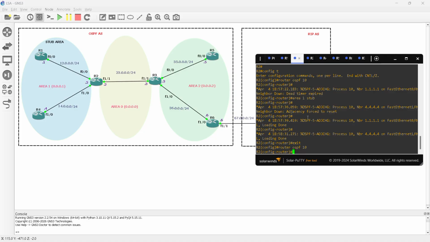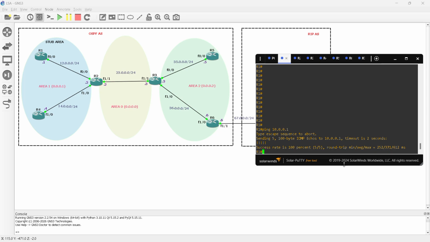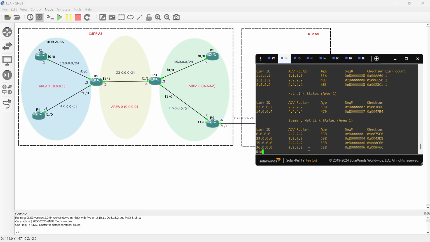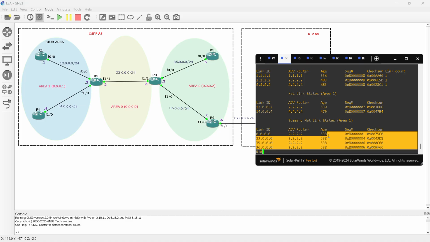But before that, what will happen after making a totally stubby area is, as you will see in the database, that we have network summary LSA for other networks too, 23, 35 and 36. That will vanish and we will only be left with our default route.